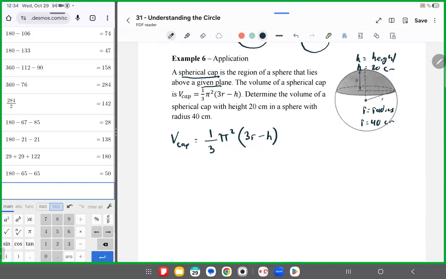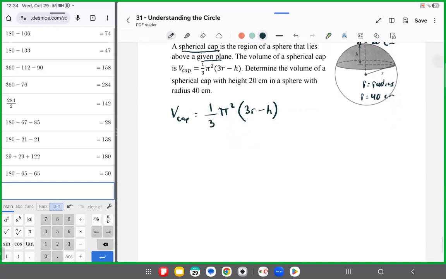Again, you might be thinking pi squared, but it just has to do with the formula. We know that pi is equal to 3.14, r is equal to 40, and h is equal to 20. So this volume will be equal to 1 divided by 3 times 3.14 squared multiplied by 3 times 40 minus 20.